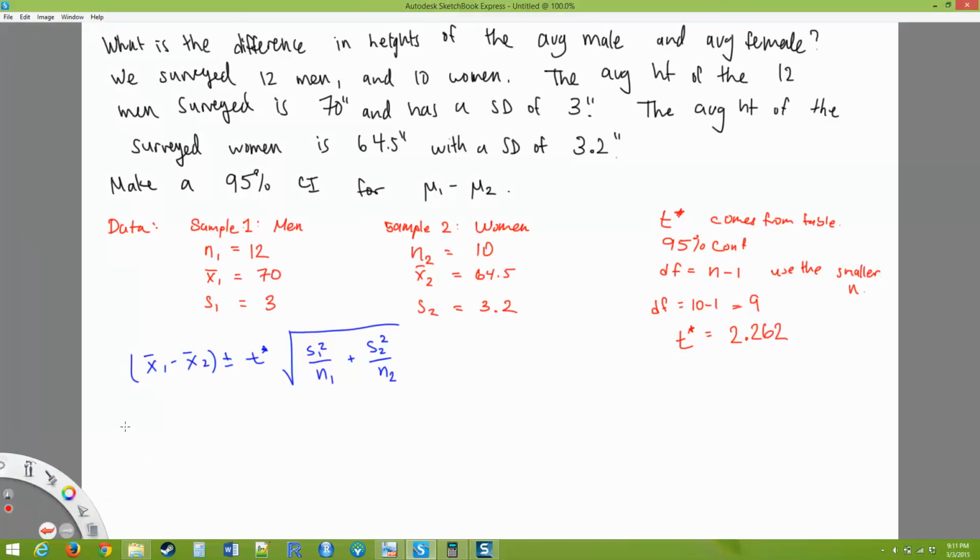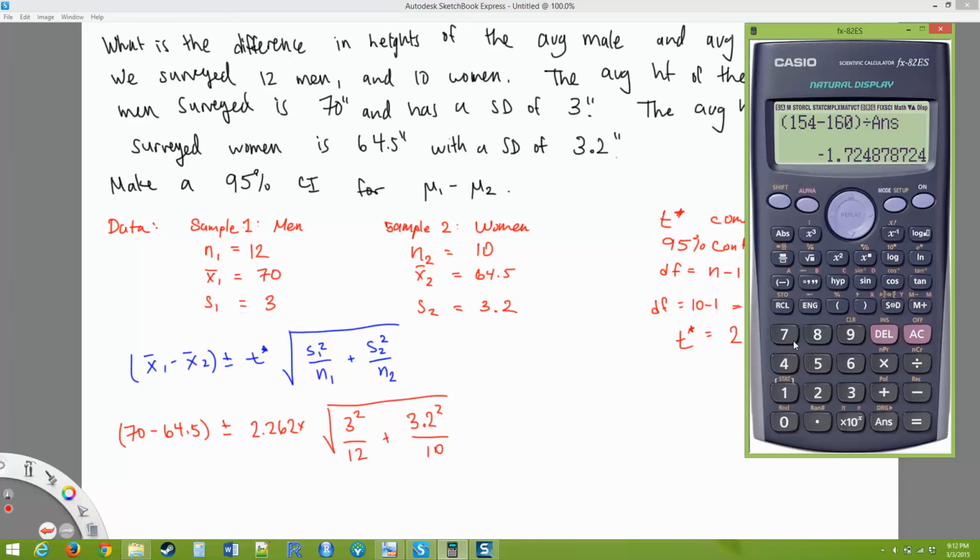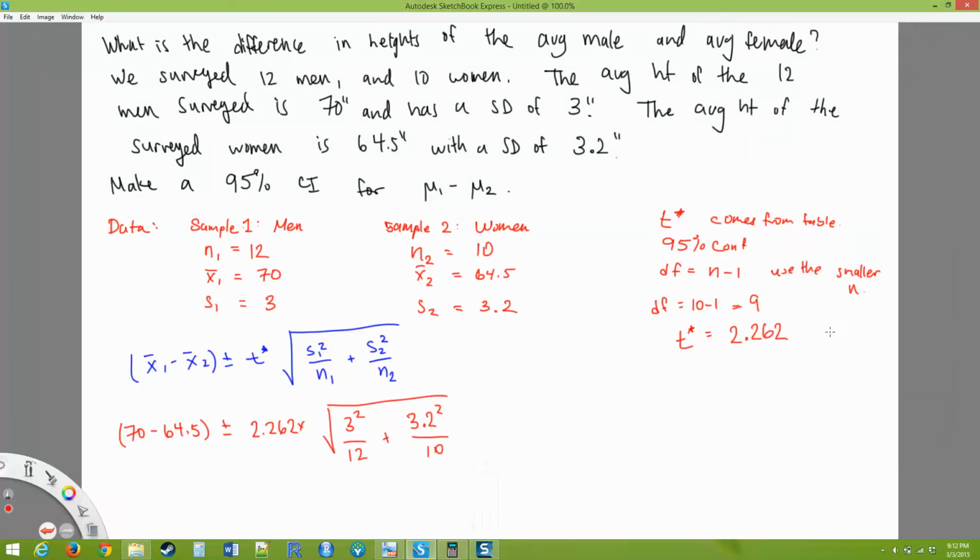Okay, so let's go. 70 minus 64.5 plus or minus t star, 2.262, times the square root of 3 squared over 12 plus 3.2 squared over 10. Okay? Just want to make sure everyone's with me so far. All I've done is taken this thing which we had before and I've just plugged in the numbers.